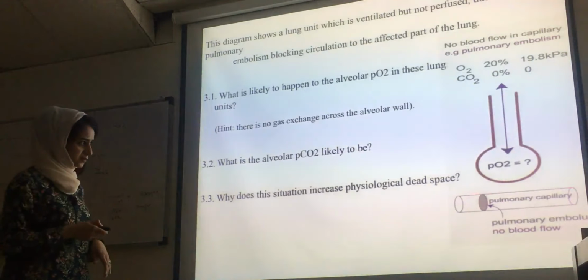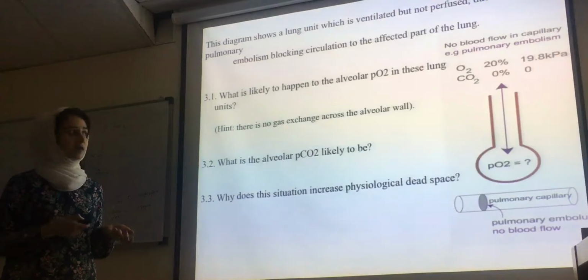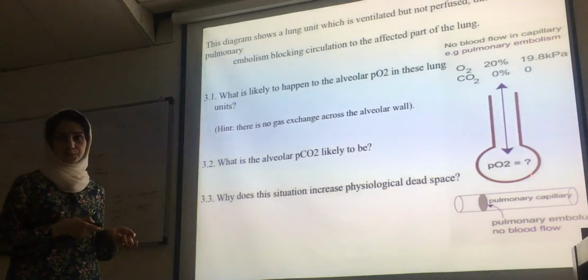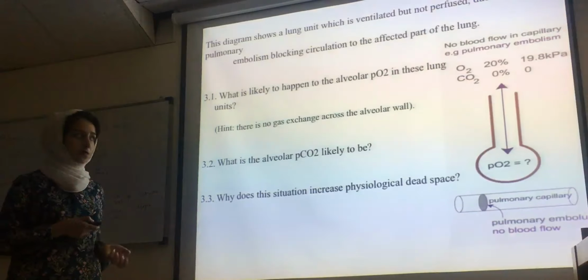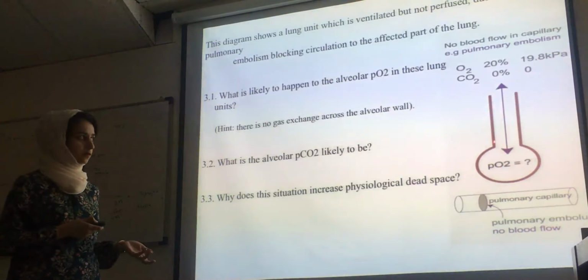What will happen when there is no blood flow? There's no gas exchange. Very good. If there is no gas exchange, what will happen to the alveolar PO2? Oxygen is not removed from the alveoli to the blood because there is no blood flow. So what do you think will happen?